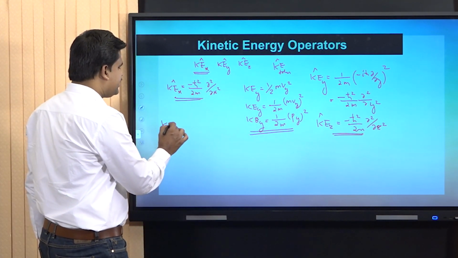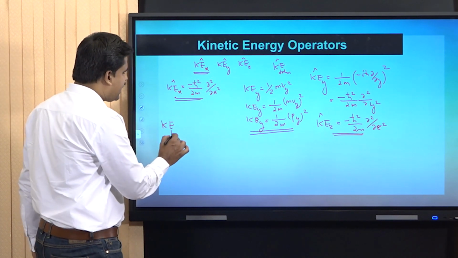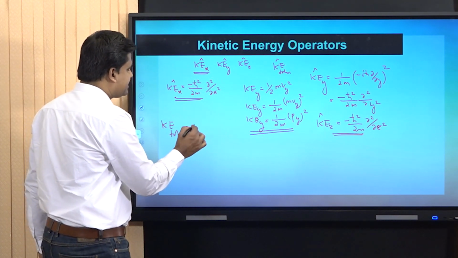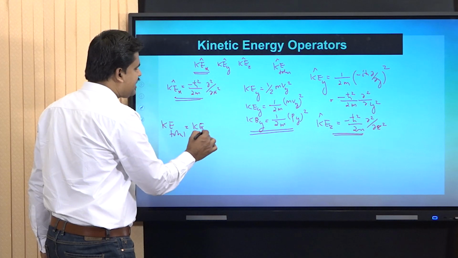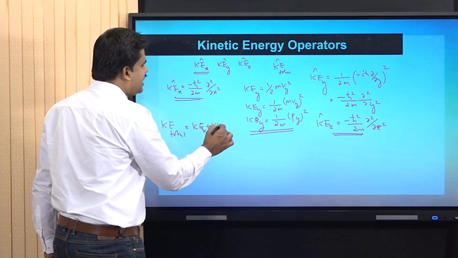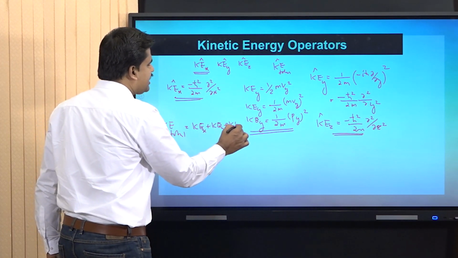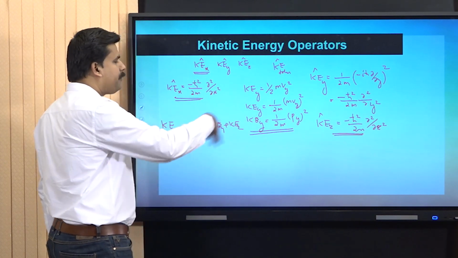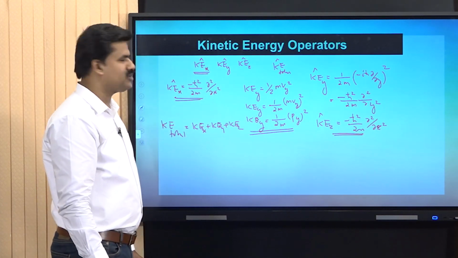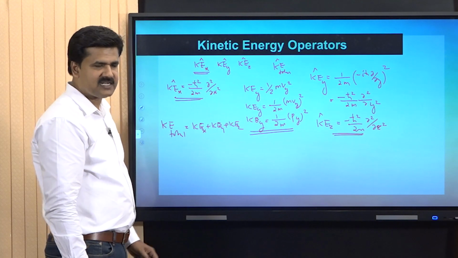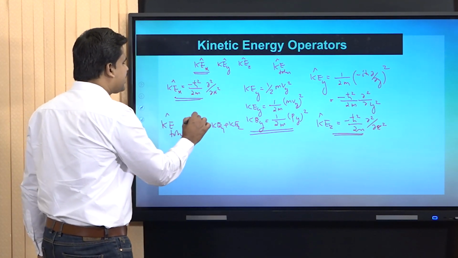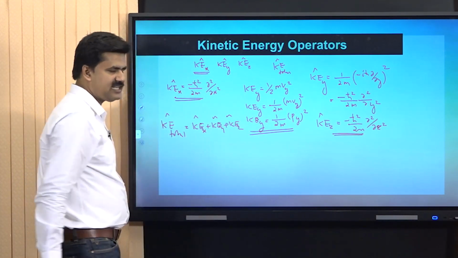Kinetic energy is an additive property. KE total is equal to KEx plus KEy plus KEz. Similarly, operators can also be clubbed to get the total kinetic energy operator. So, the total kinetic energy operator also follows this relation.